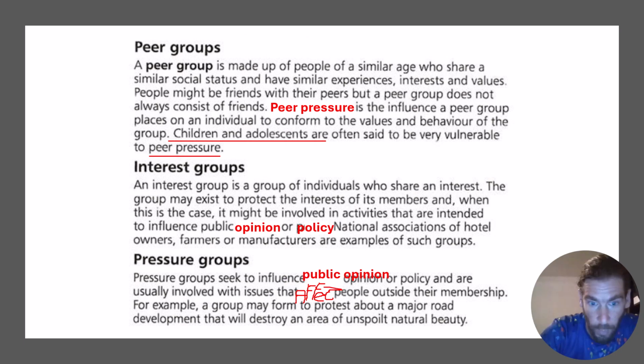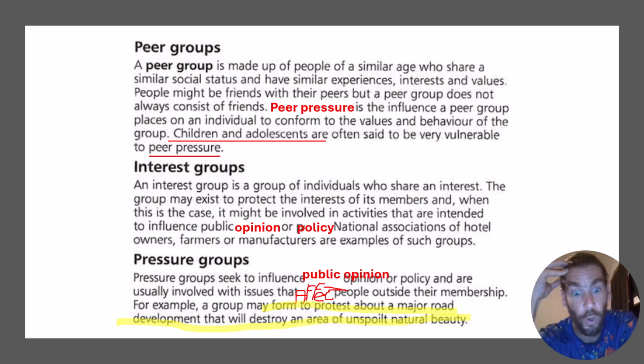For example, a group may form to protest about a major road development that will destroy an area of unspoiled natural beauty. In our case, again, think about the protest groups that came together to protect Playa Lagoon and other beaches a few weeks ago.